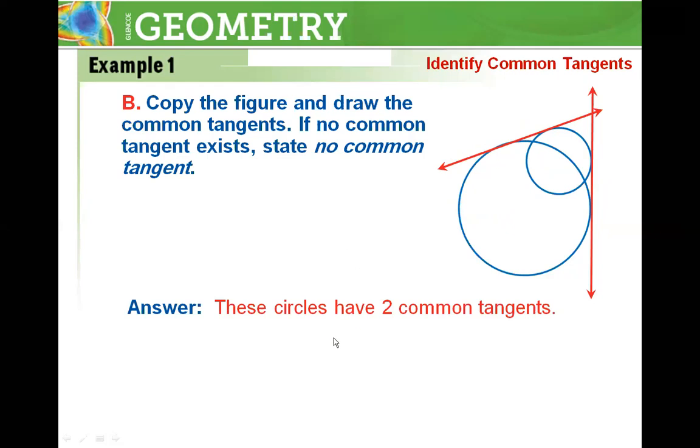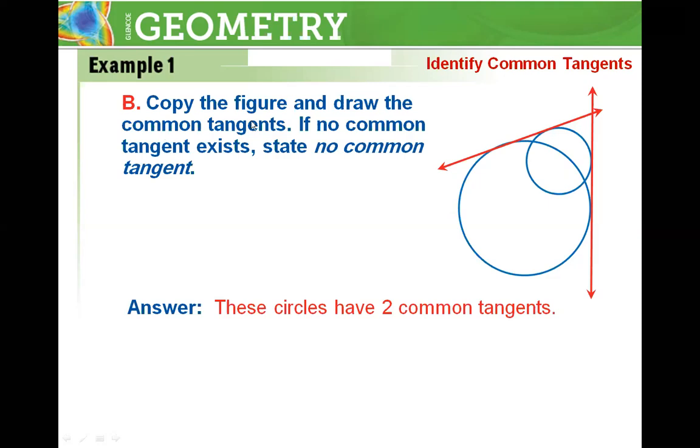In this example, we have 2 common tangents. Okay. If you have 2 circles like this, what's meant by common tangent? It means a tangent of 2 circles together. Tangent for the small circle and tangent for the big circle.